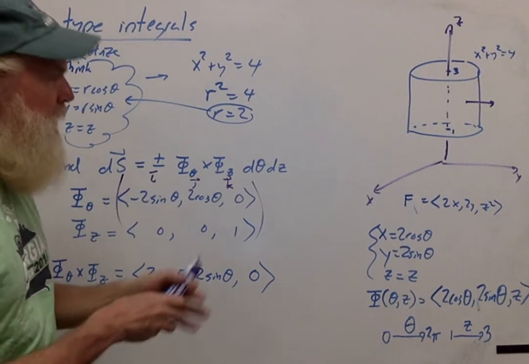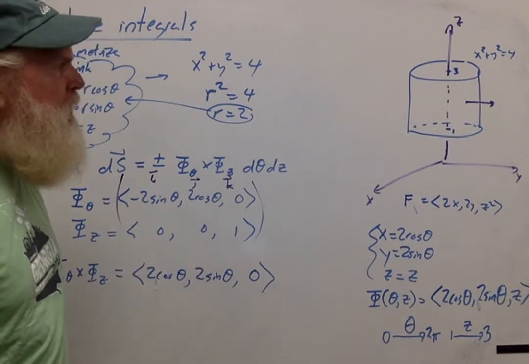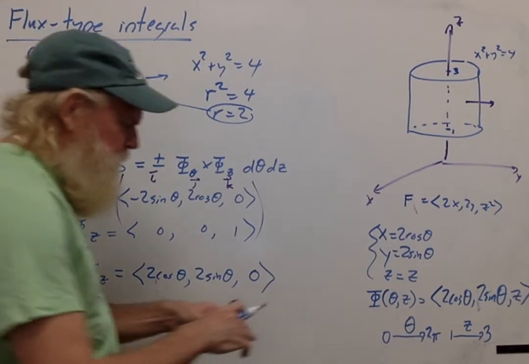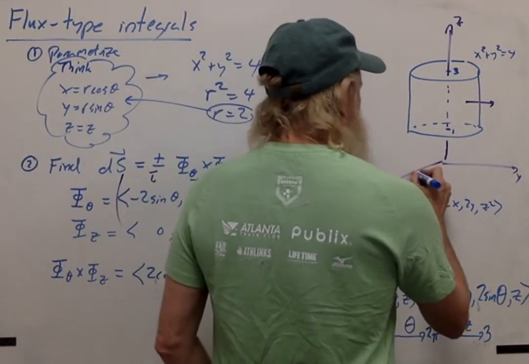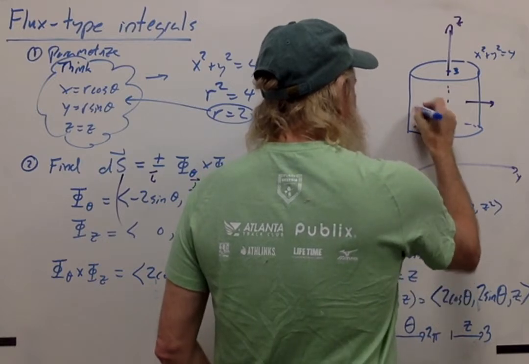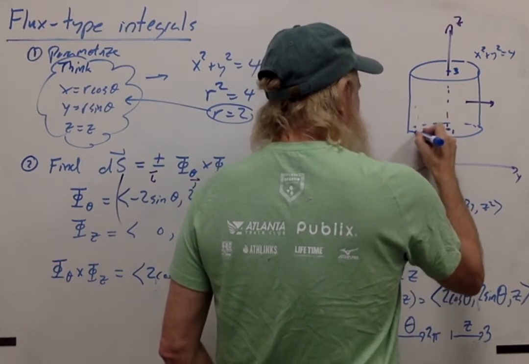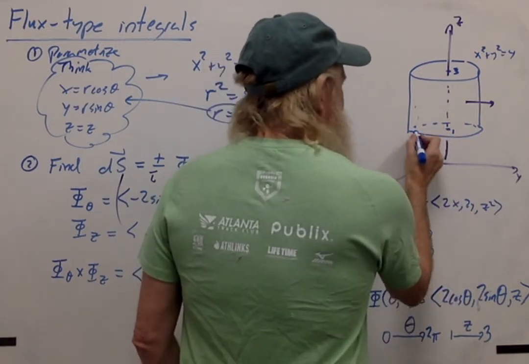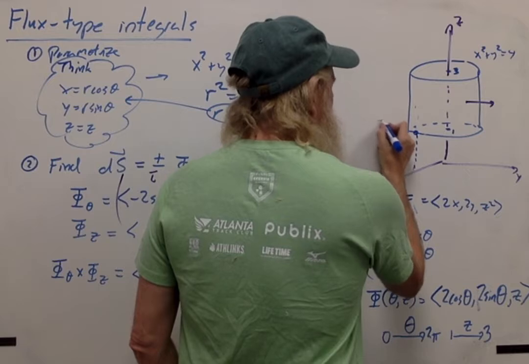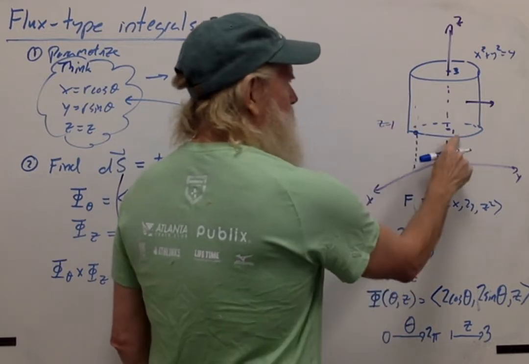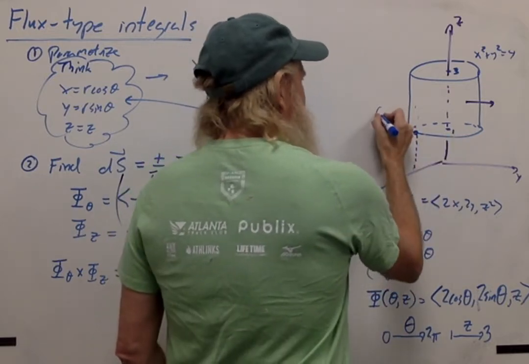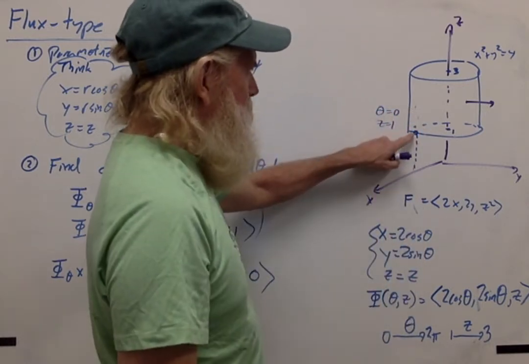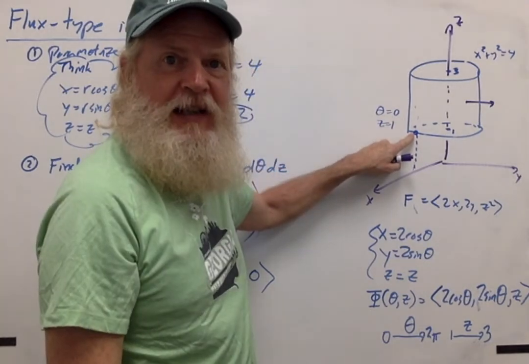So instead, let's pick a particular point on the cylinder and calculate what this vector is at that point. So for example, if I trace up above the x-axis, let's say this point right here above the x-axis. That point is going to have a z component of 1, because it's at the bottom of the cylinder, and theta is going to equal 0, because remember, theta measures the angle away from the positive x-axis.